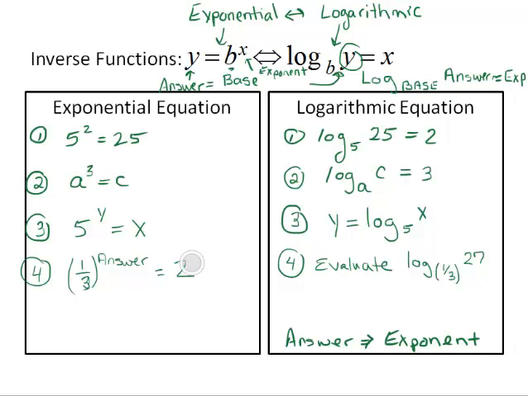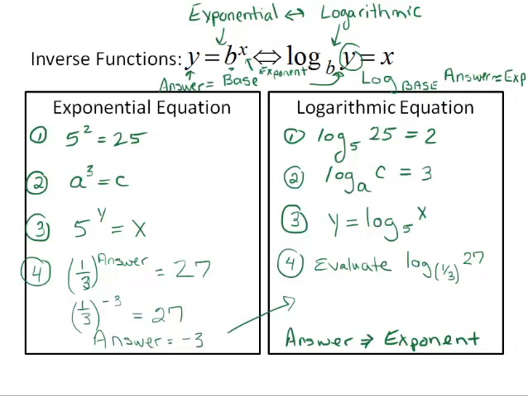So I really want to ask myself, 1/3 to what power, what exponent, would give me 27? And that answer is going to be 1/3 to the negative 3 power, that would give me 27. It would take the reciprocal of 1/3, which is 3, then it would cube that, so 27.